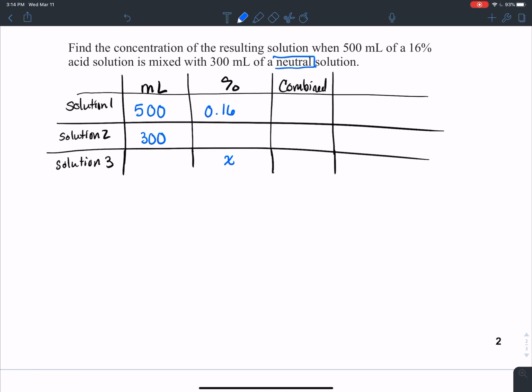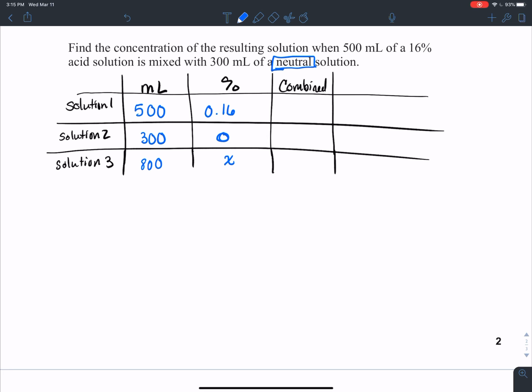That neutral means there is no drug in it, so the percent is 0. Remember, to find the milliliters of my solution, I add the two solutions that I mixed together. So 500 plus 300 tells me there's 800 milliliters of our resulting solution.